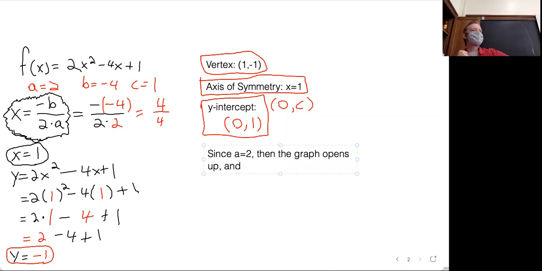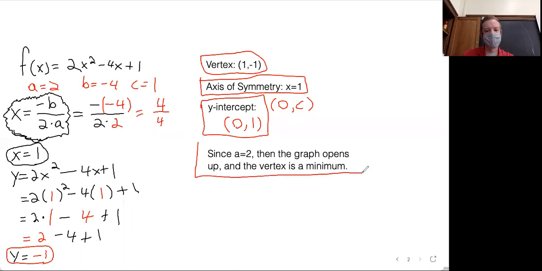And if the graph opens up, is our vertex a minimum or a maximum? It's a minimum. So those are the 4 things we need. And just as a reminder, here's a visual illustration for the last part.